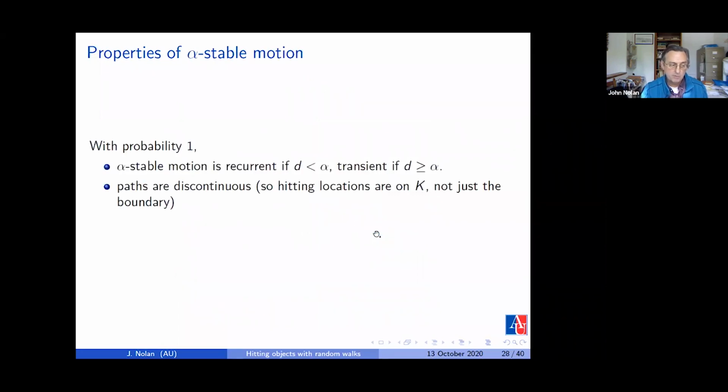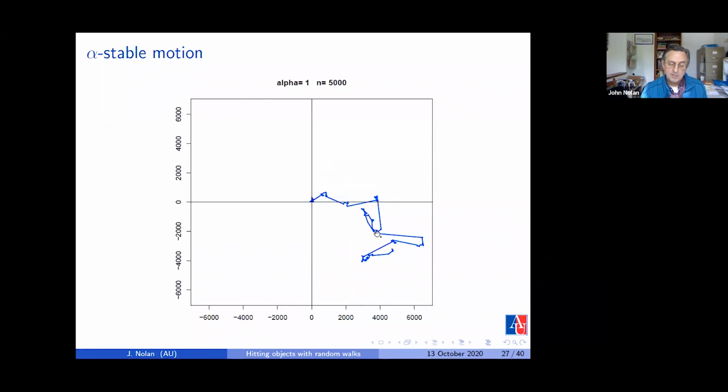As alpha decreases, you get more and more erratic behavior. There's a lot of local fluctuations going on, but periodically you'll take a big jump out in some random direction. The tails of the distribution of the sizes of the jumps are governed by one of these stable distributions.